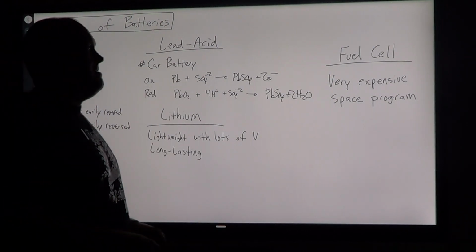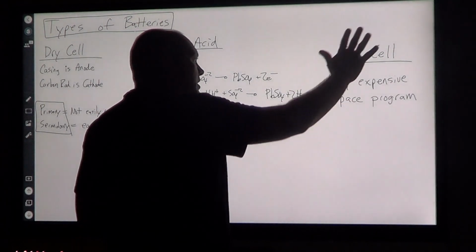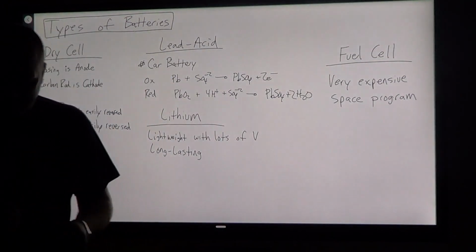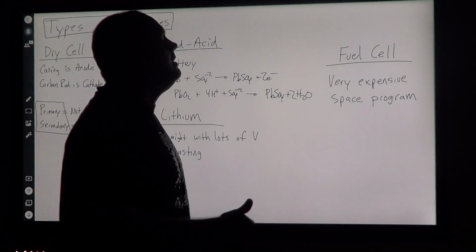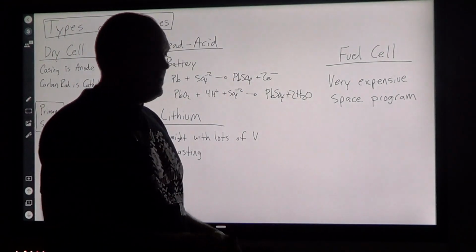Okay? And then the very last one, which is kind of the cool one, getting into more physics and astronomy stuff, is the fuel cell. Basically what you need to know is the fuel cell is super, super, super expensive right now, and so we currently only use it in the space program.